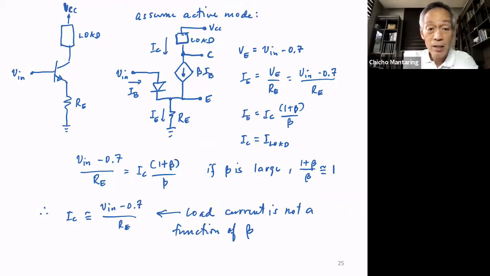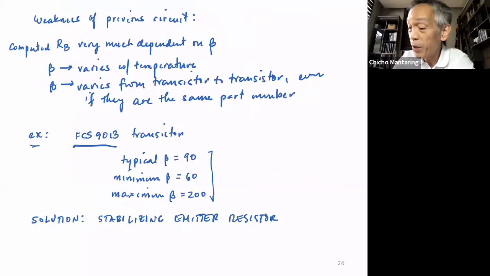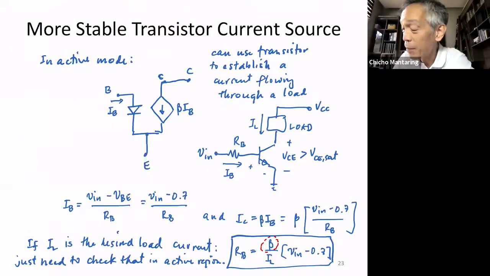Okay. So, did you see that? I hope that you saw that. No? Dito sa previous example natin, no? This is IC, this is my load current. It very much relies on beta. Okay? So magbago yung beta, magbabago yung IC ko, no?